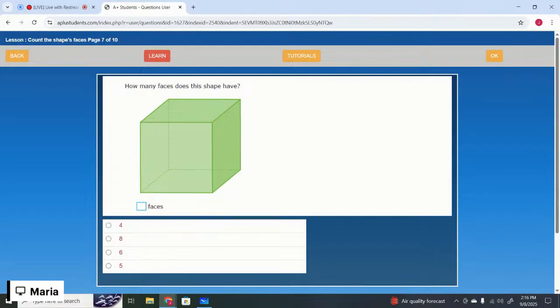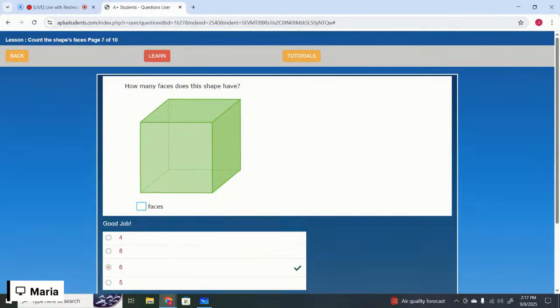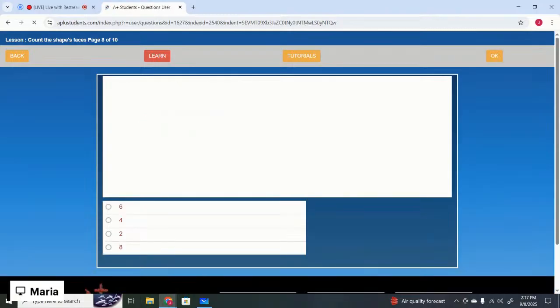How many faces does this shape have? Yes, again, six faces. How many faces does this shape have?